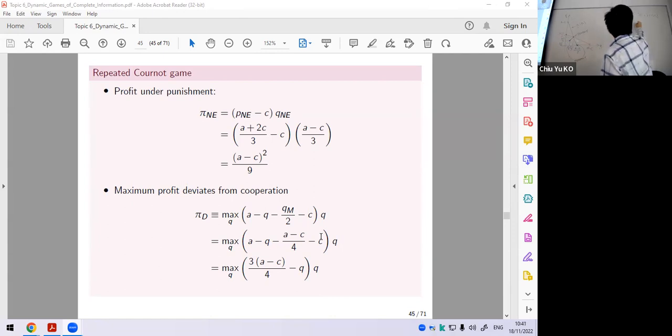This is C and D. So you can imagine this prisoner's dilemma game.